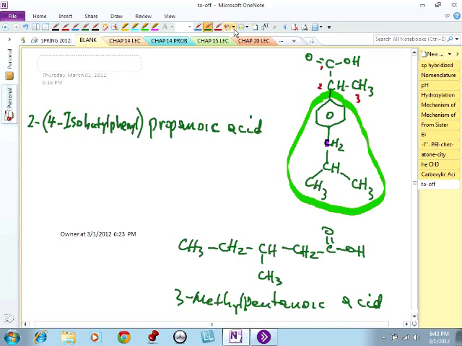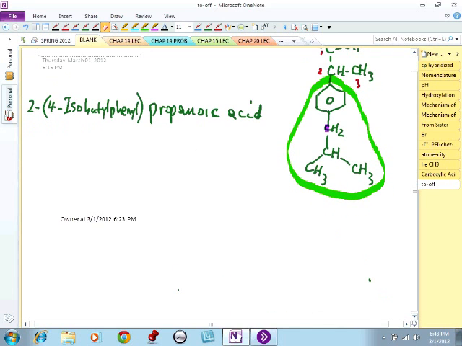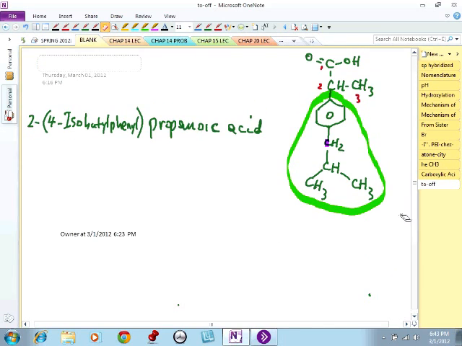Okay. So now, remember we made the cyano compound, the nitrile, when we were trying to make the ibuprofen. Supposing I also tell you to name this, the precursor to that, which is this here.